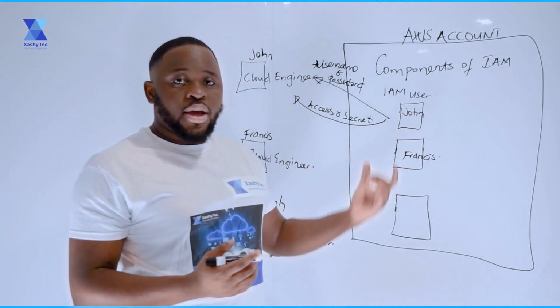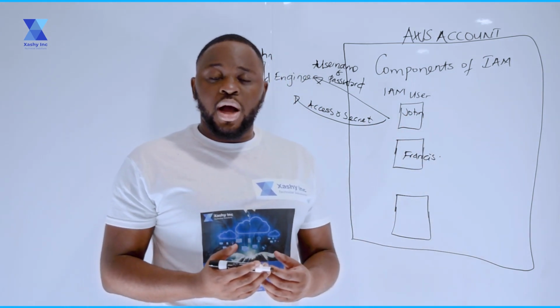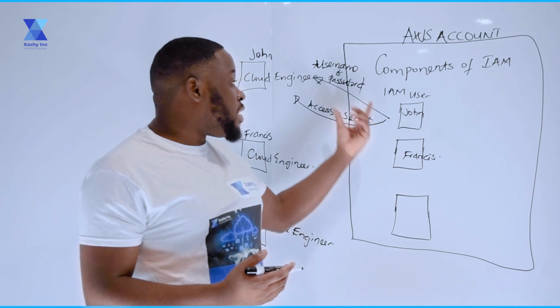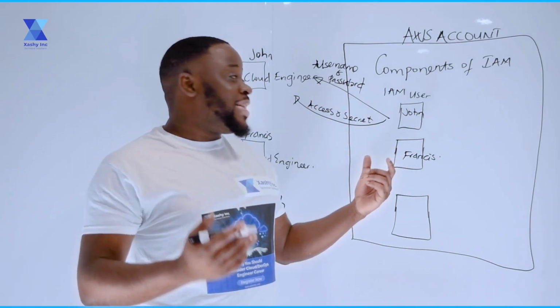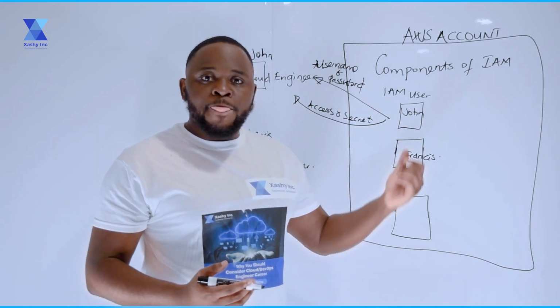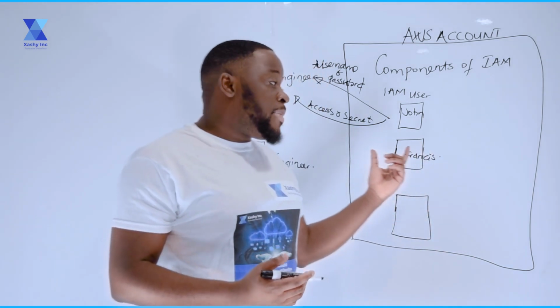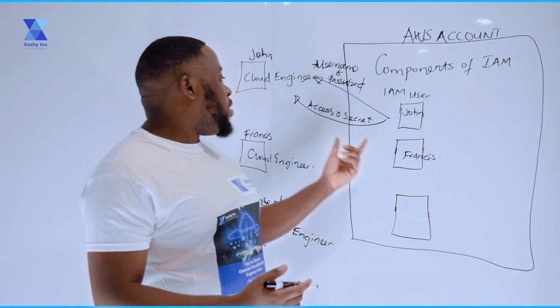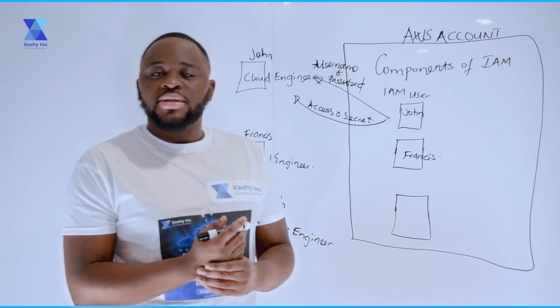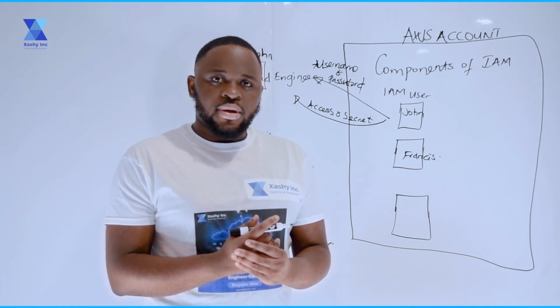So there are two ways you could authenticate a user into an AWS account. That might be done through management console access, where the user needs a username and password, or through programmatic access, where the user is given access keys and secret access keys.